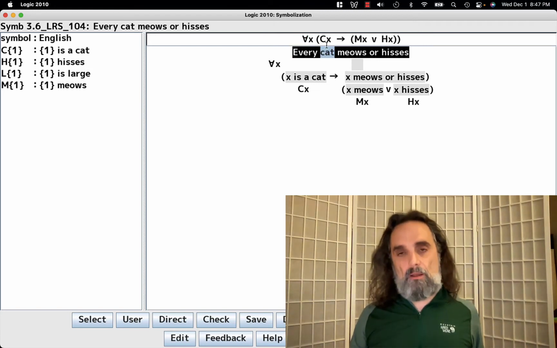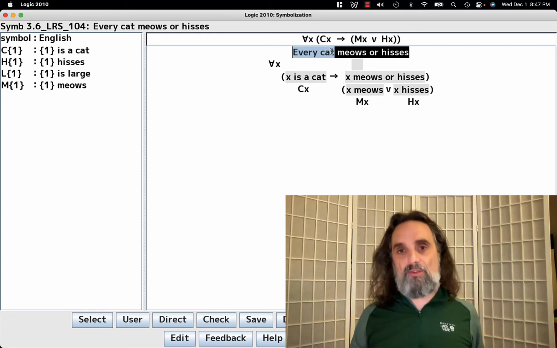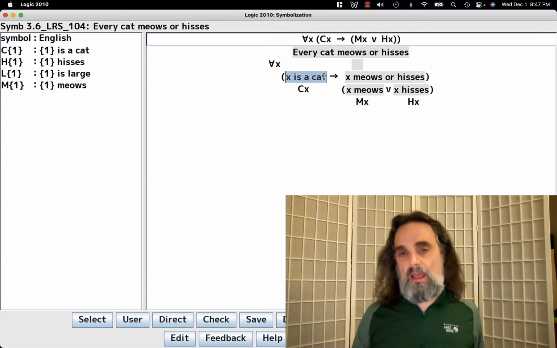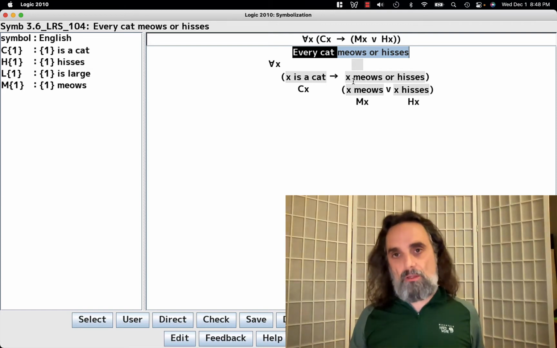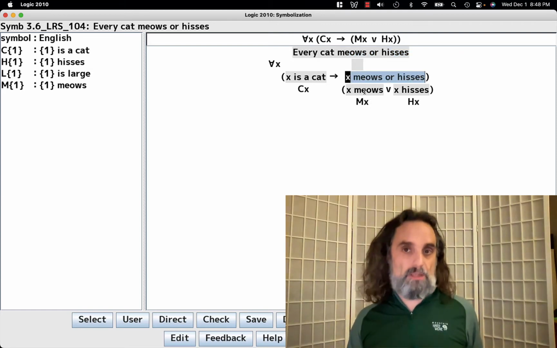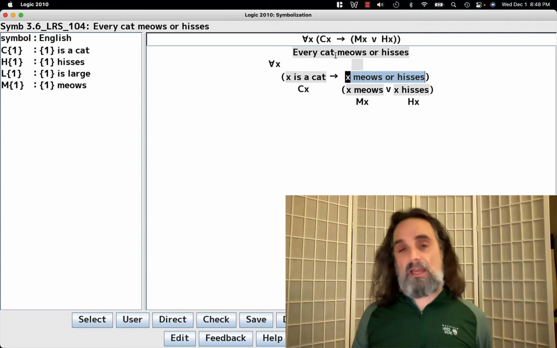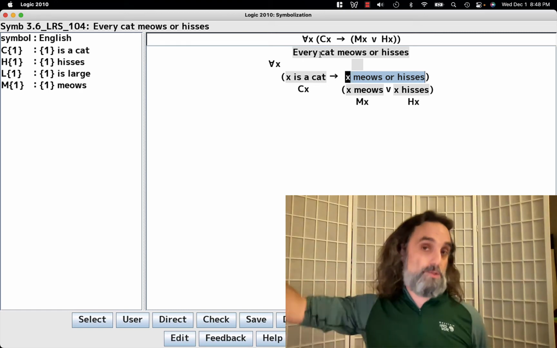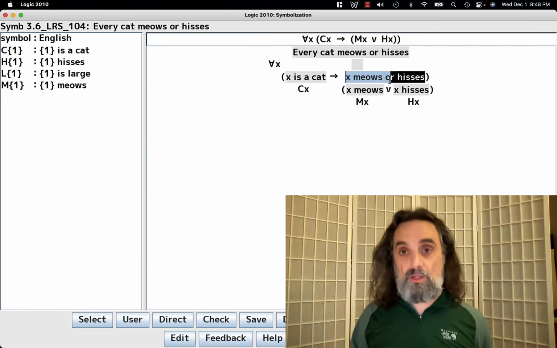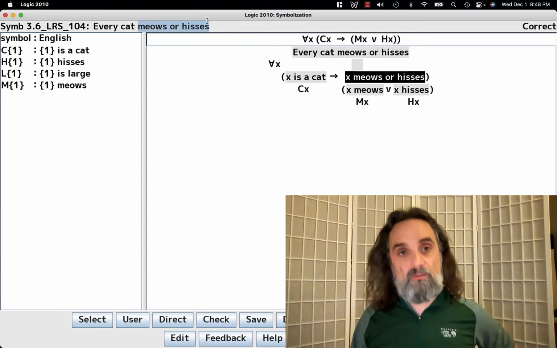The cat is the noun that the quantity word attaches to, and so cat by itself goes in the antecedent. Then the verb phrase, which is big, goes in the consequent, and we symbolize meows or hisses as X meows or X hisses. And this should make sense. What does this say? Each thing, if it turns out that it's a cat, then what is it like? It also does one of these two things. It does this or it does that. So there we go. That's a symbolization where we have a complex verb phrase.